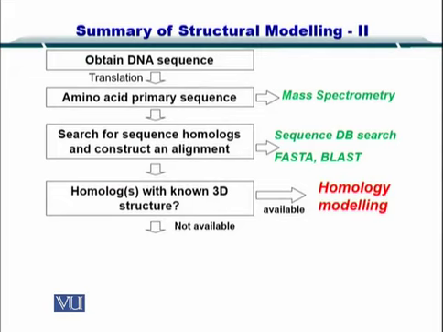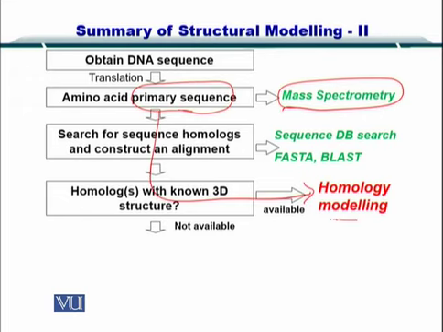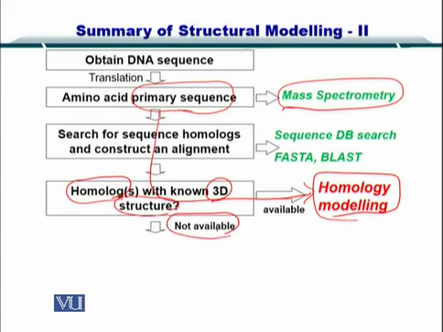So in this slide, you can see that if we had the primary sequence of proteins that was obtained from either Edman degradation or mass spectrometry, then we could move towards homology modeling. However, if we had no homologs with 3D structures, then we had to move to a different strategy.